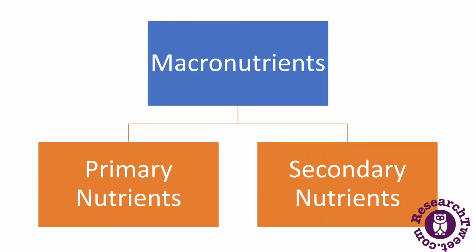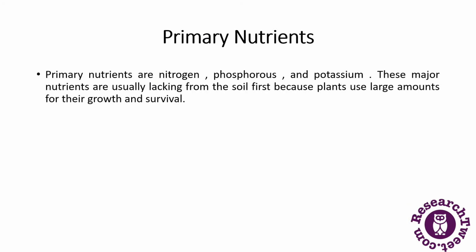Next, the macronutrients are further divided into two parts, the primary nutrients and the secondary nutrients. So what are the functions of primary nutrients and secondary nutrients? First we will discuss the primary nutrients. Primary nutrients are nitrogen, phosphorus, and potassium.